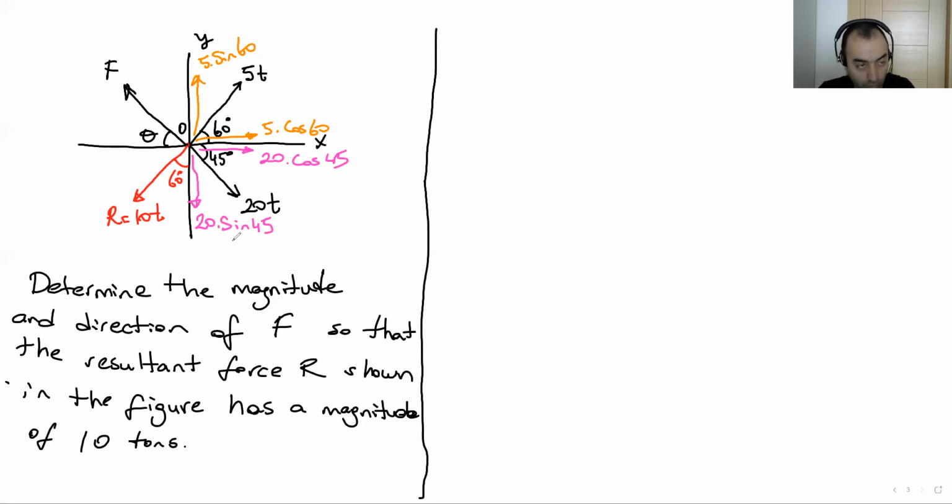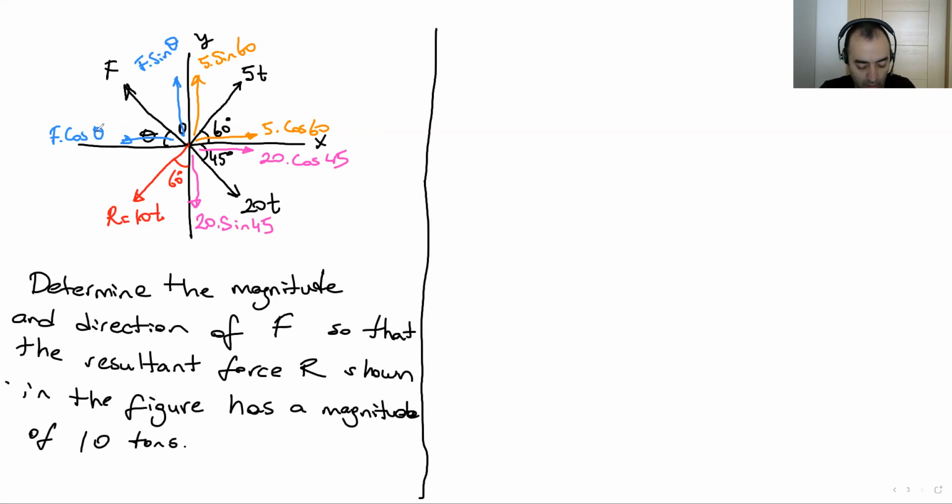And also we have the same components for F. Let's change the color, for example blue. F times sine theta, F times cosine theta.